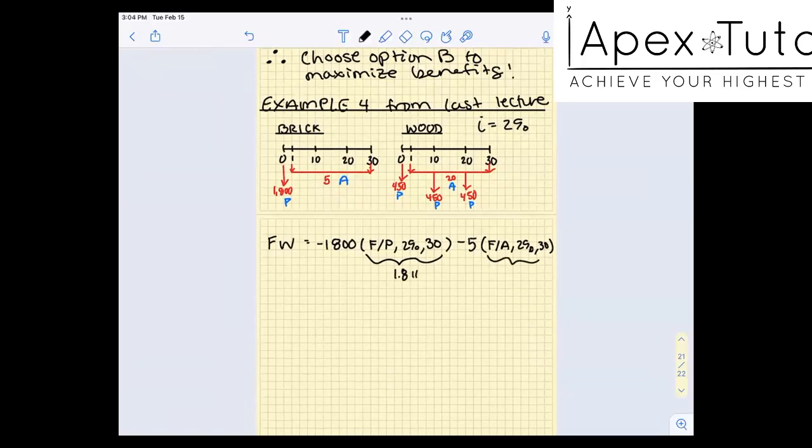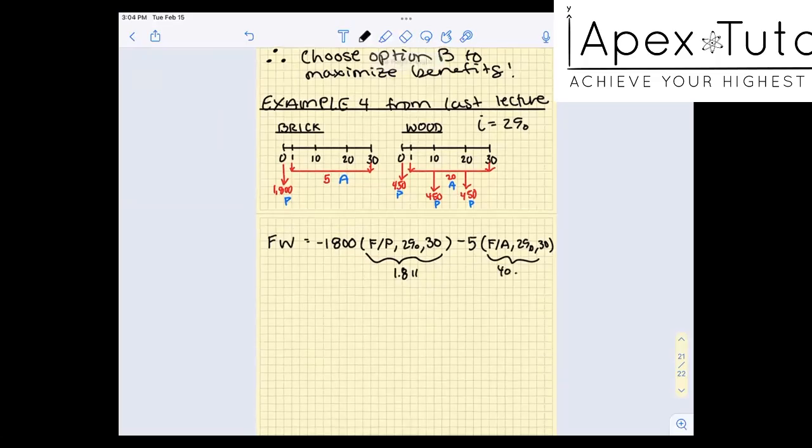And how about F given A, 2%, 30? $40.568. Questions about how we found those numbers?